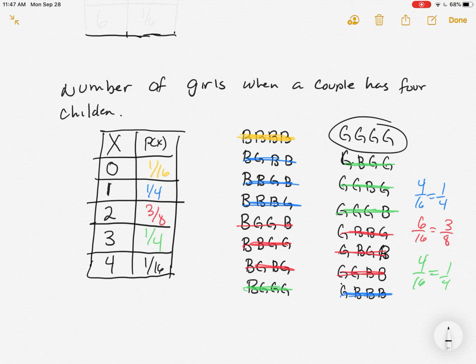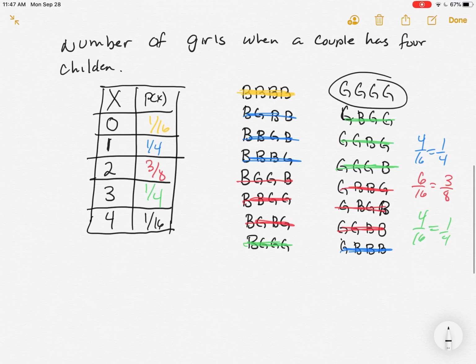My point in doing this with you is to just stress what a probability distribution does. It puts the outcome with the probability of it happening. Take a look at what this is. What's 1/16 plus 1/4 plus 3/8 plus 1/4 plus 1/16?